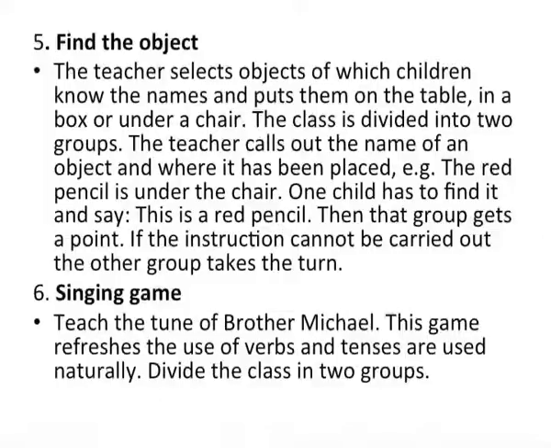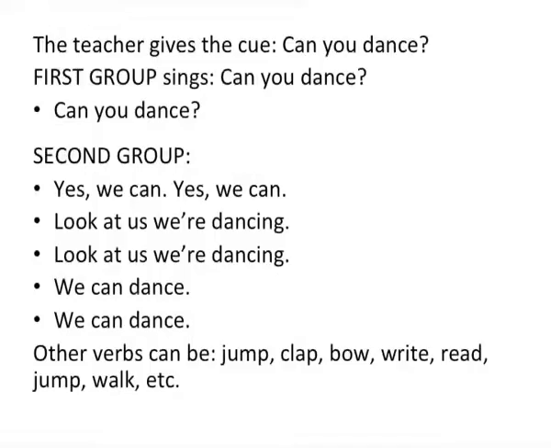The singing game: teach the tune of Brother Michael. This game refreshes the use of verbs, and tenses are used naturally. Divide the class in 2 groups. The teacher gives the clue. Can you dance? Can you dance?